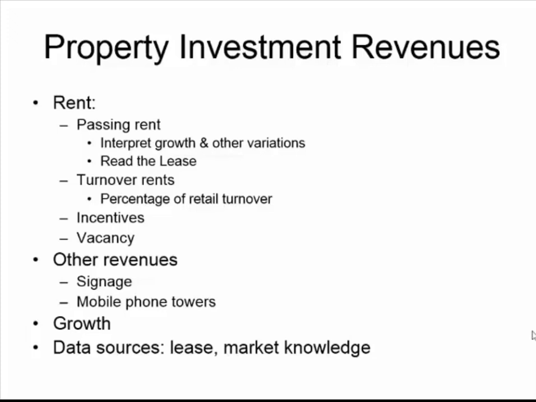We can have the other revenues. We've already mentioned signage and used that as an indication of the other property rents that can come. We've mentioned mobile phone towers and so on. But there's actually quite a few, and so you've got to be aware of all of the sources of revenue.